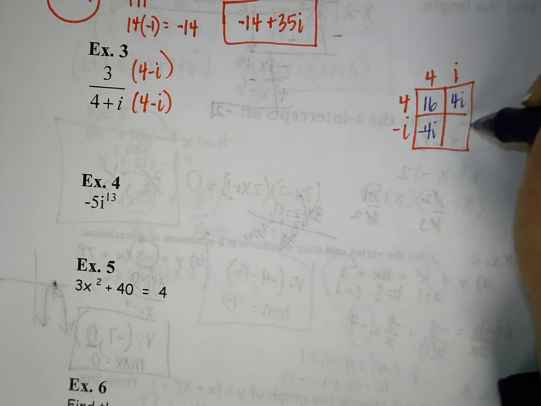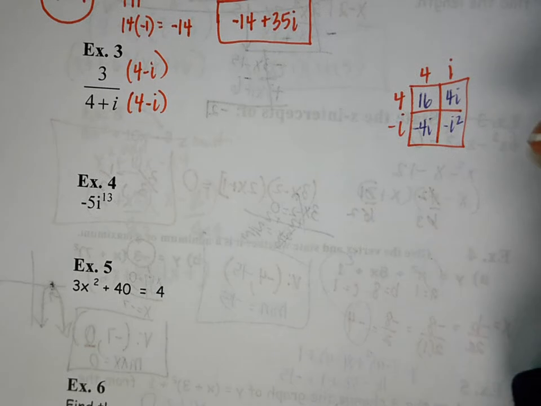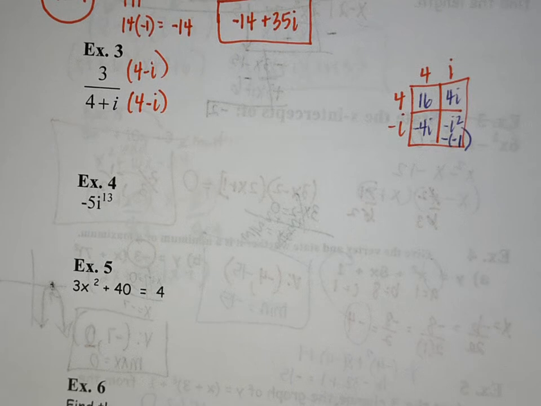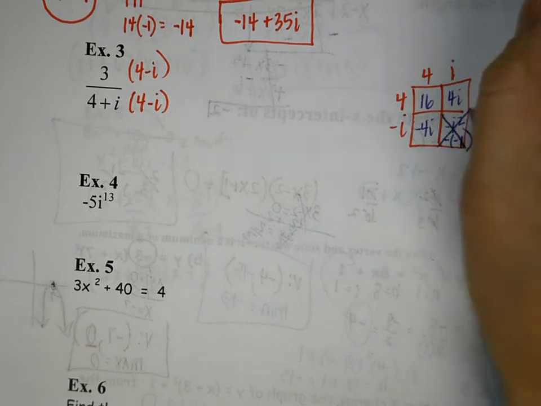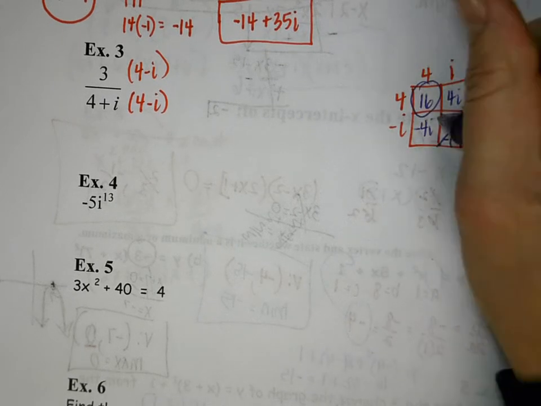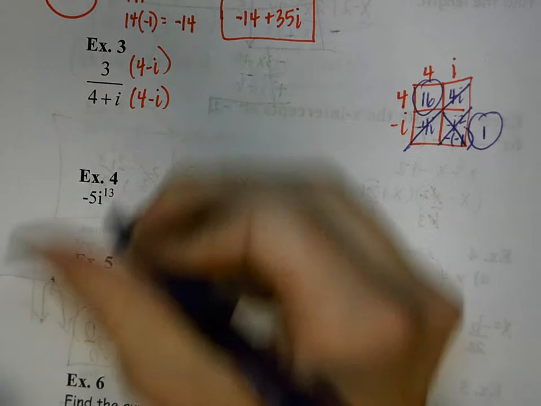And then negative i times i is negative i squared. But what does i squared represent? So that means you have a negative 1, which makes a positive 1. So be careful. So this I'm going to cancel out, and I'm just going to write a 1 here. So we have a 1 and a 16. Those canceled. And so what is my denominator? 17 is correct.